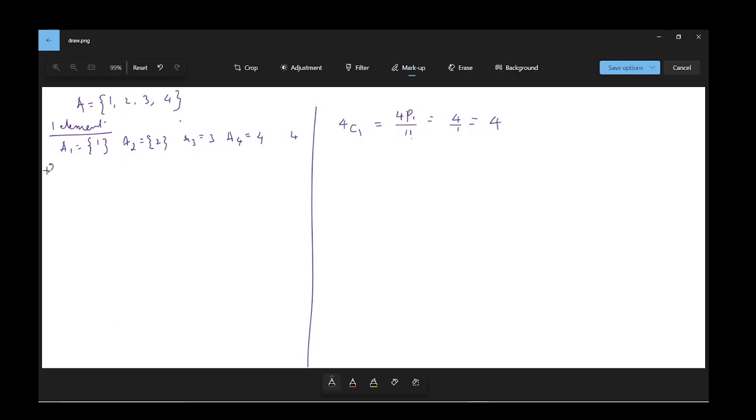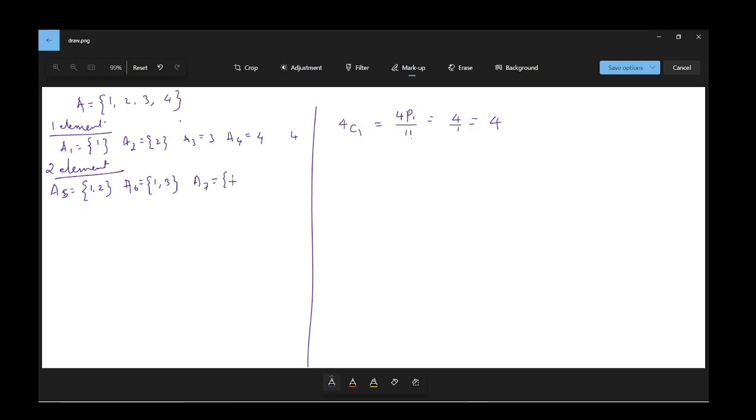Now let us take two elements at a time. A5 is equal to 1 comma 2. A6 is equal to 1 comma 3. I'm combining 1 with all the other elements.